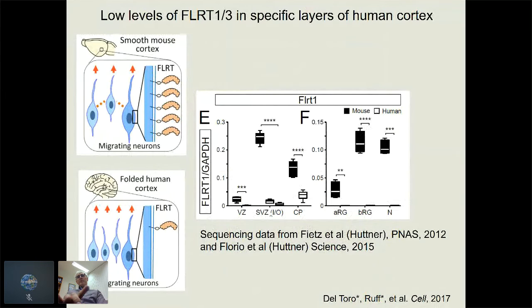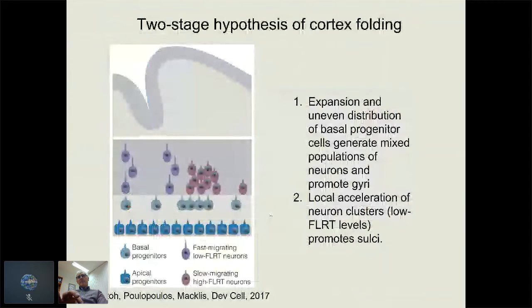So what are we doing now with this question? When our paper came out, Jeff Meklis wrote a nice little news and views on this, and he proposed that there might actually be a two-stage model of cortex folding.